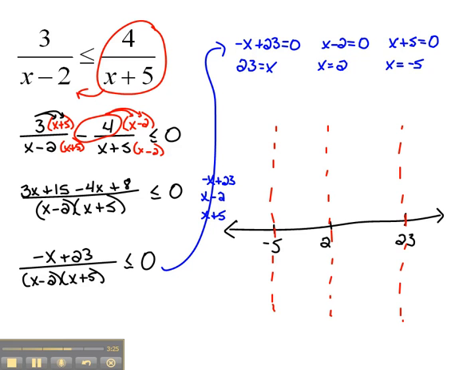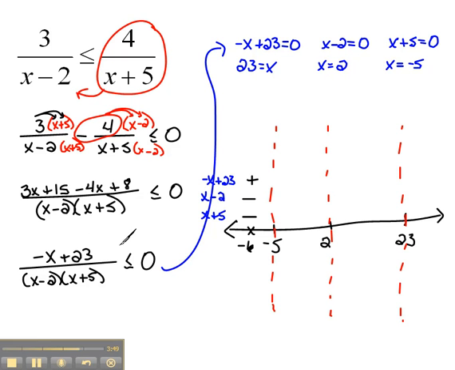So let's see what's happening in each one of those areas. Over here, let's choose maybe negative 6. Negative 6 plus 5 would be negative. Negative 6 minus 2 would be negative. And negative negative 6 would be positive 6 plus 23 is positive.